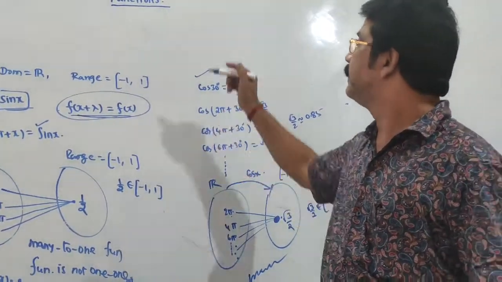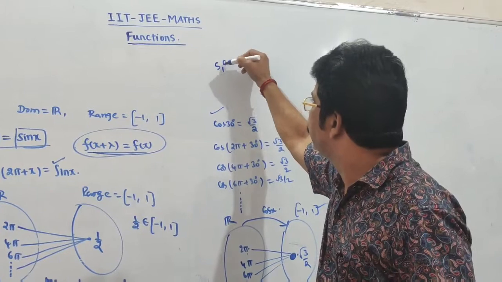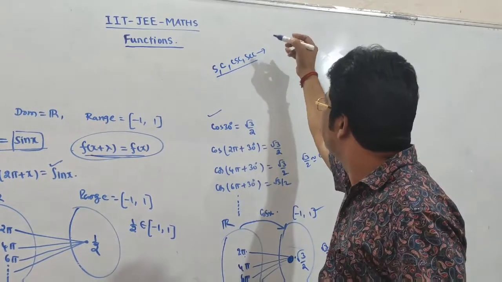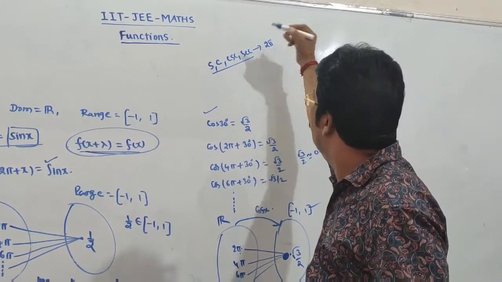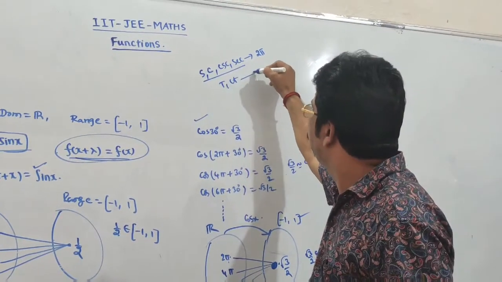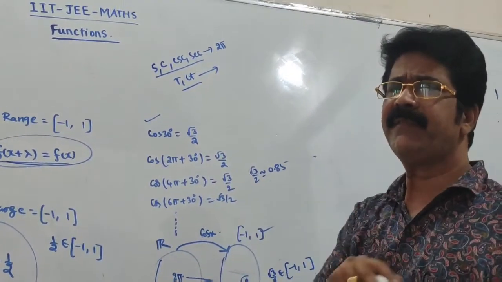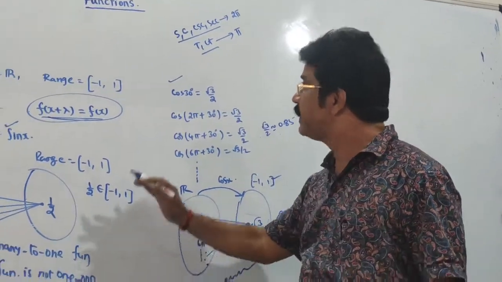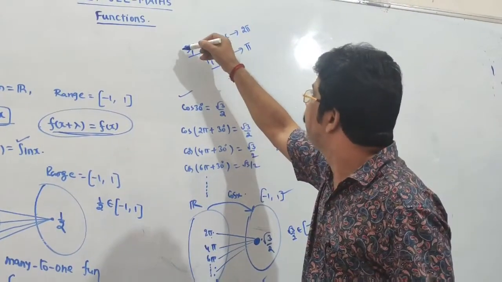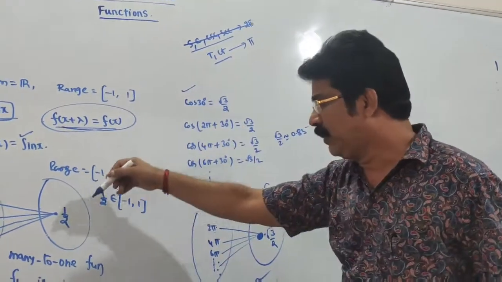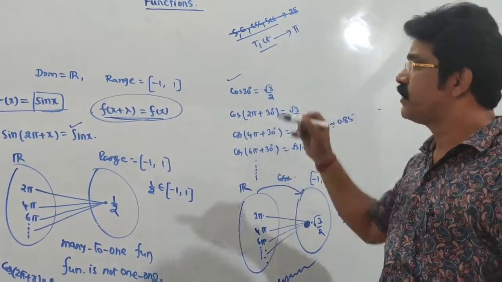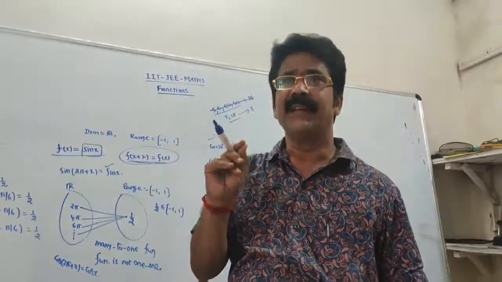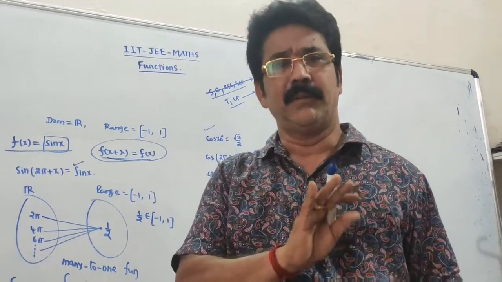For sin x, cos x, and their reciprocals cosecant x and secant x, the period is 2 pi, and tan and cot are also periodic functions with period pi. Since these are periodic functions, they are many to one functions. Therefore, every periodic function is a many to one function, but not one-one.